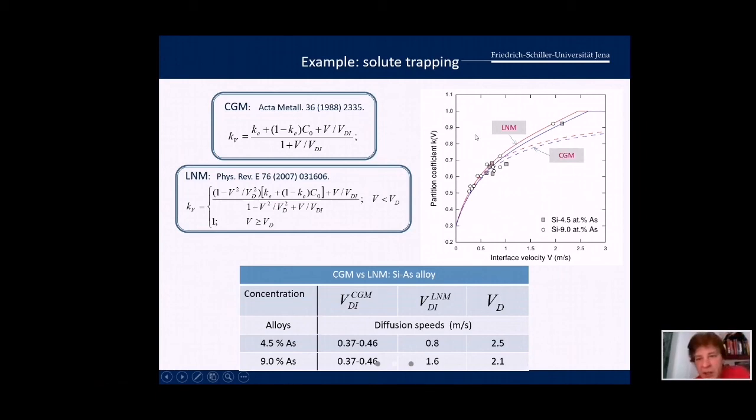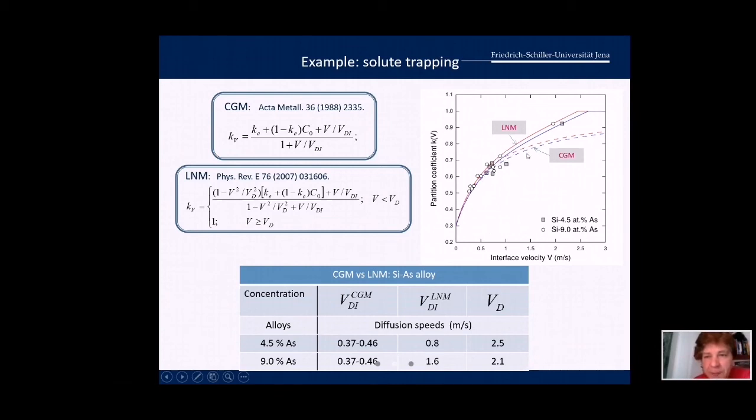And if we compare these equations with experimental data, we can see that both curves, solid curves or dotted lines, which are from the CGM expression, which takes into account only deviation from equilibrium at the interface, properly describe our data at small and moderate growth velocities.